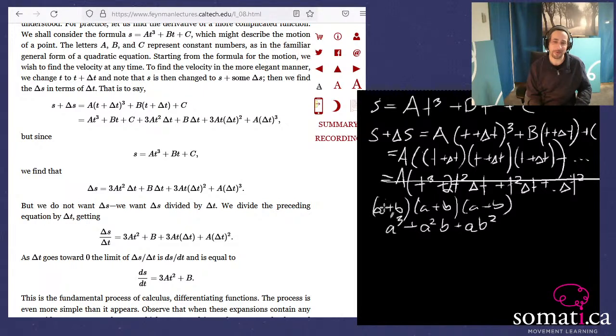This one times b times b. Oh, but there's 2 ways of doing each of those.